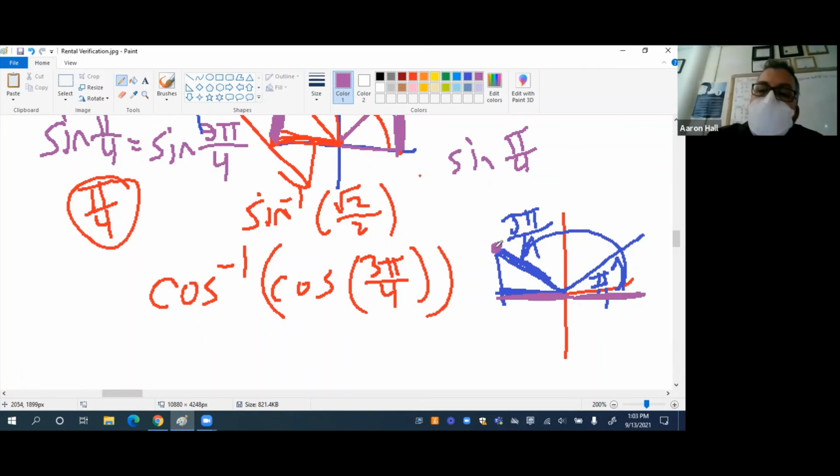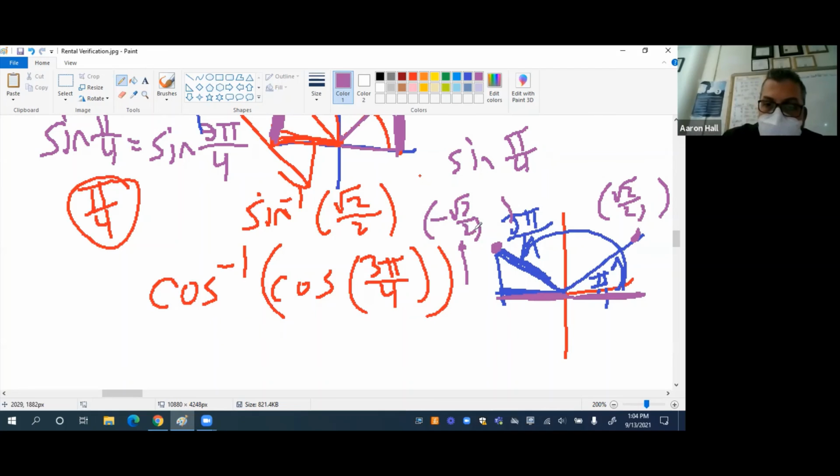So this X value over here is the square root of 2 over 2. So over here, this has to be negative the square root of 2 over 2.